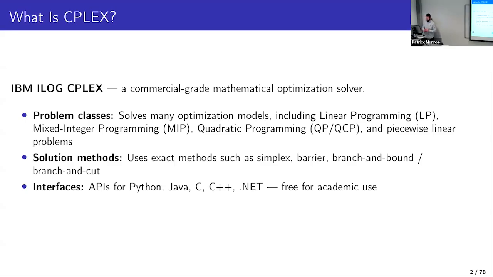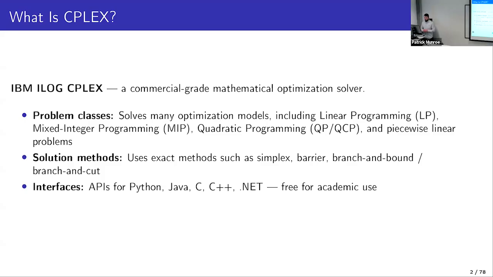And what it's used for is to solve optimization models, which include linear programming, mixed integer programming like MIP or MILP, also some quadratic programming, piecewise linear problems. Those are just some examples; it includes also other capabilities that I didn't mention here.